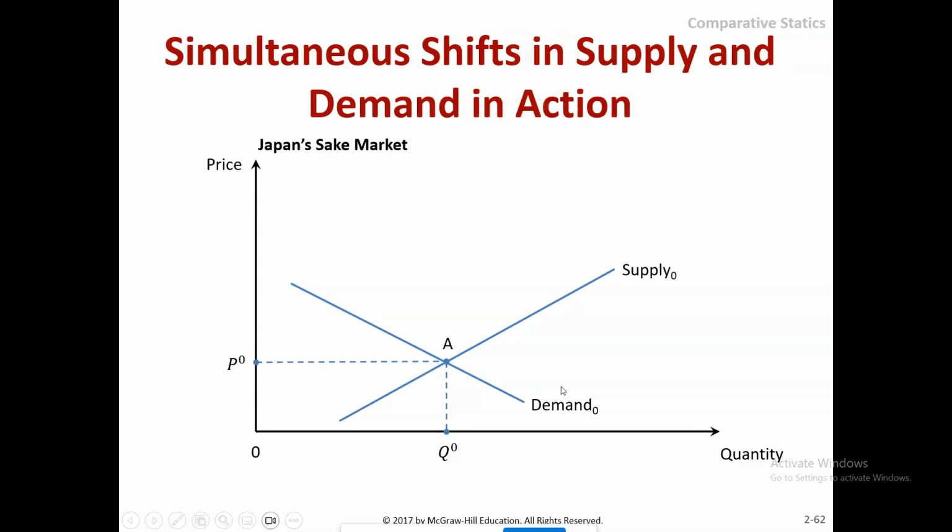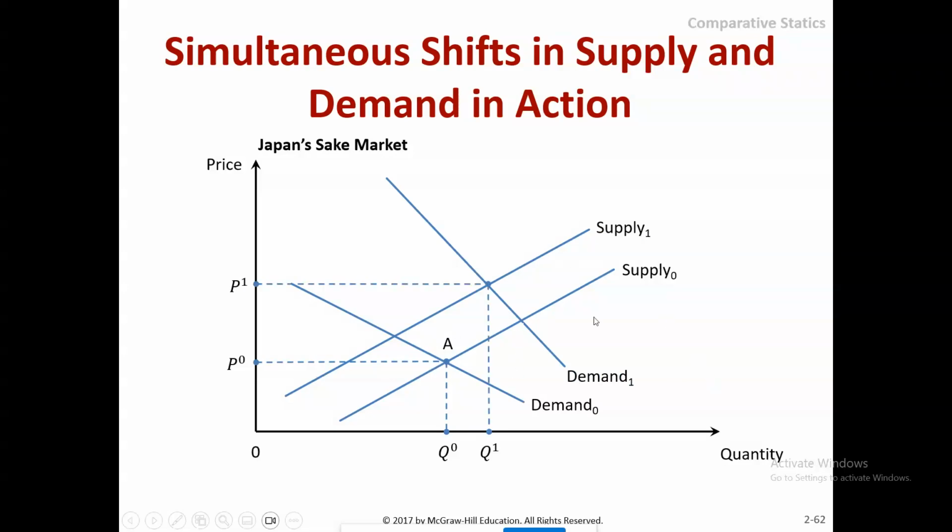Imagine this initial demand and supply for the Japanese sake wine market, with price and quantity. Now, supply decreases, shifting left, and demand increases, shifting right. Compared against A, at the new equilibrium in this situation, price increases and quantity increases. That's when demand increases more dramatically than the decrease in supply.